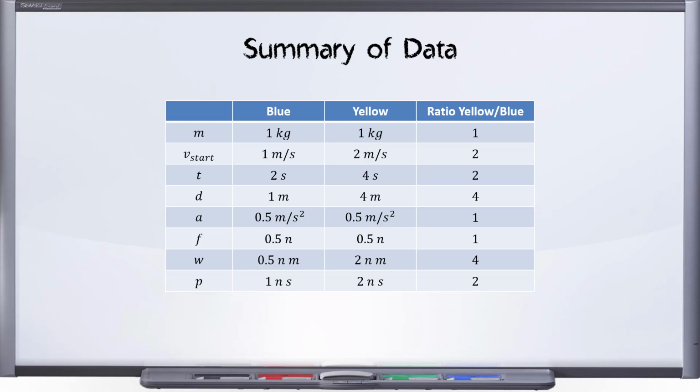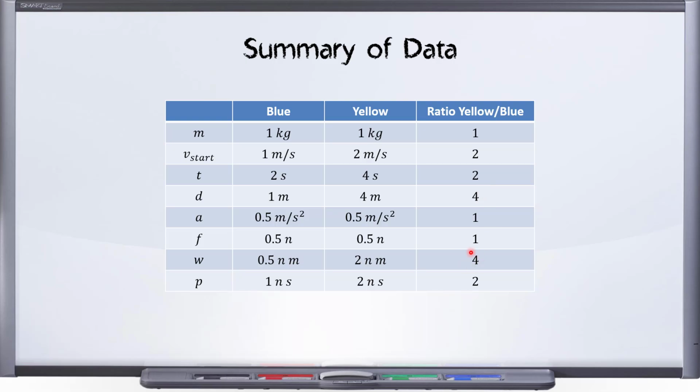And that should immediately trigger you to be perhaps puzzled. It doesn't seem immediately intuitive, but let's look back up on the chart here just a moment and see that it took the object twice as long. This is the time column. It took twice as long to come to a stop because it had twice the momentum. But it traveled 4 times the distance.